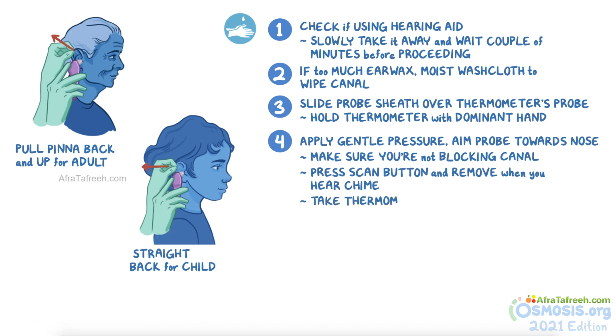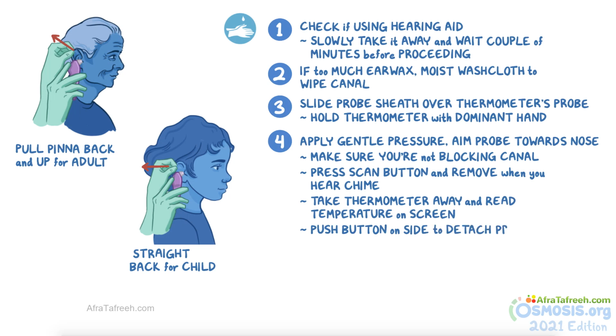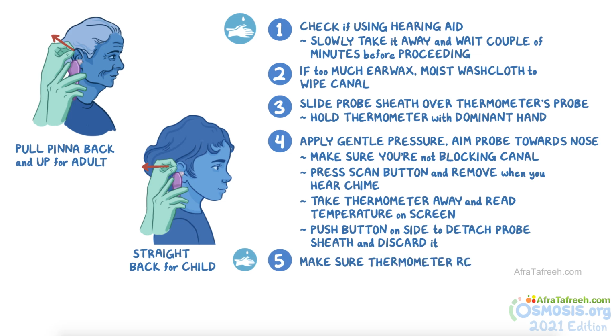Then, take the thermometer away and read the temperature on the screen. You can then push the button on the side to detach the probe sheath and discard it in the appropriate manner. Finally, practice hand hygiene and make sure the thermometer is ready to be used again by switching it off and connecting it back with its charger if needed.